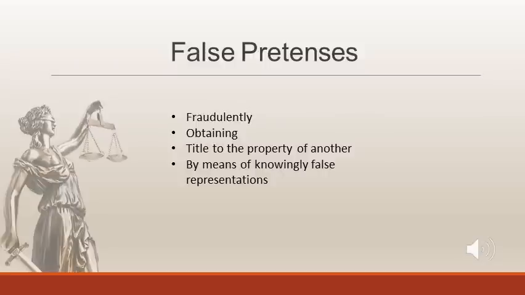Also, just giving somebody money is giving somebody property because the money is yours. And so if you're handing it to the defendant, then you are still giving them title to property because money would be the property. This is often like the example of a bad check.